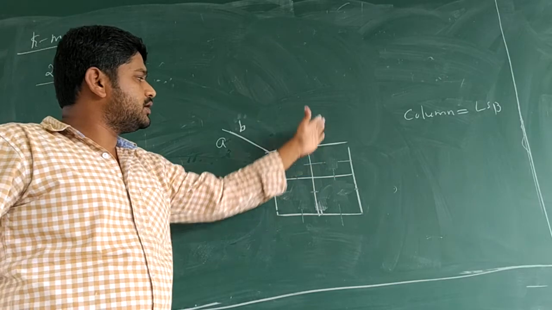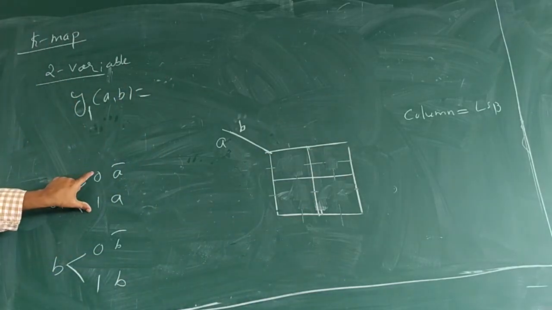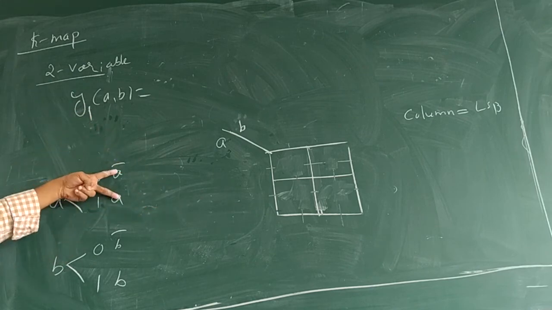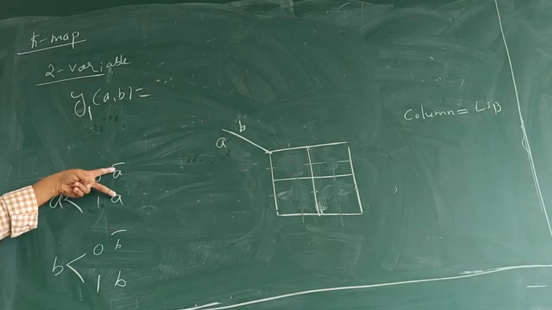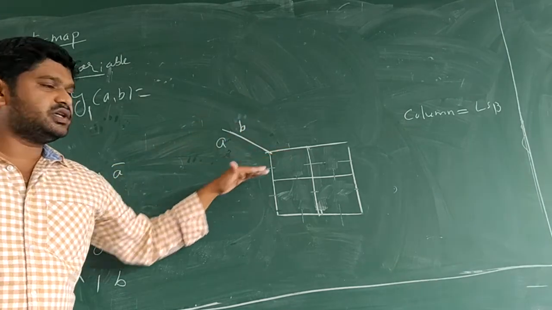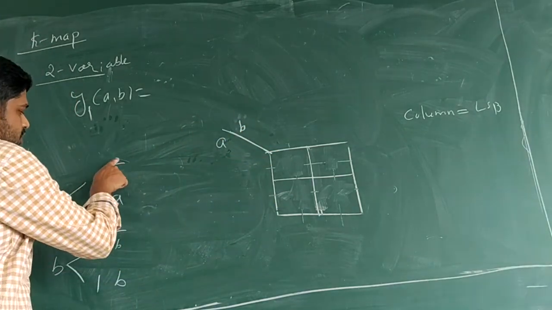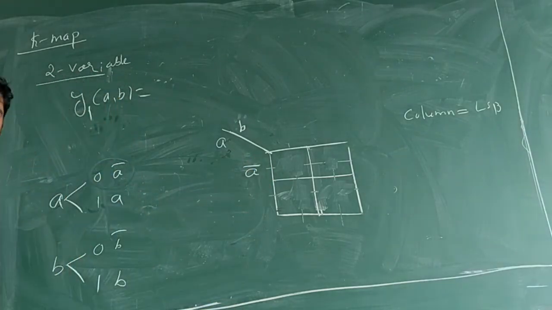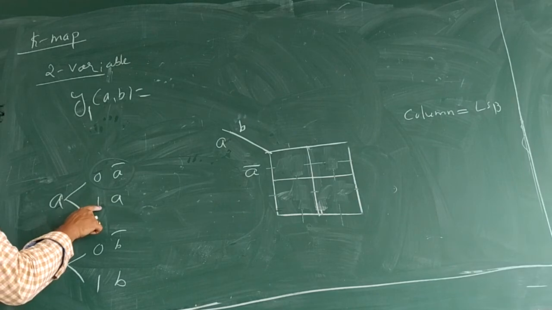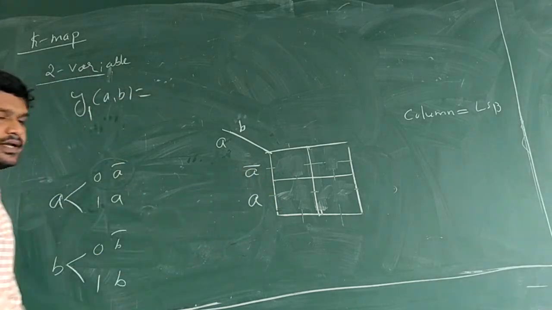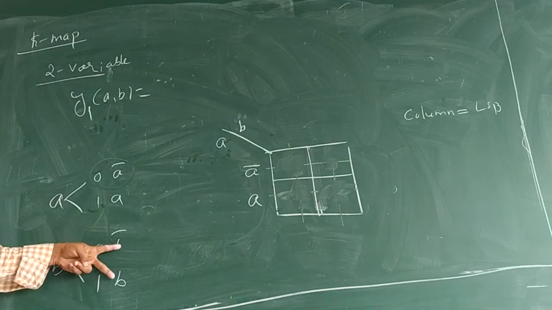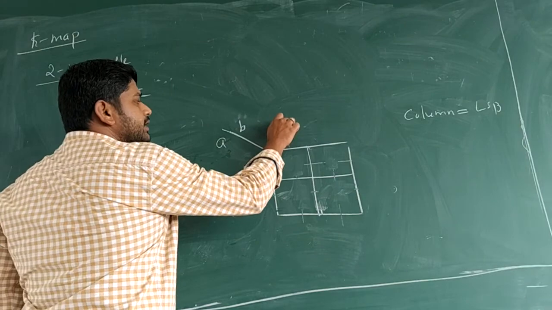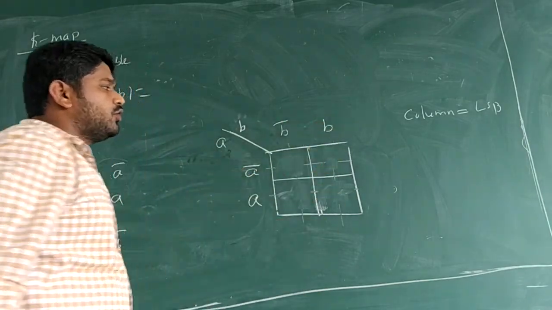A. Column variable B. Take 2 occurrences of A. In how many different formats is A occurring? 2. We also need 2, so we will merge with the individual row. What is the first occurrence? Smallest occurrence 0, hence we will write A complement. What is the second option of A? 1, that means we will write it as A only. Now for B, the different possibilities or occurrences column wise, what will we need? B complement followed by B.